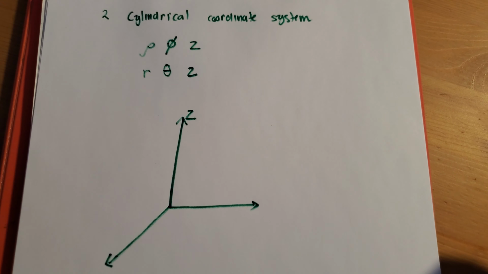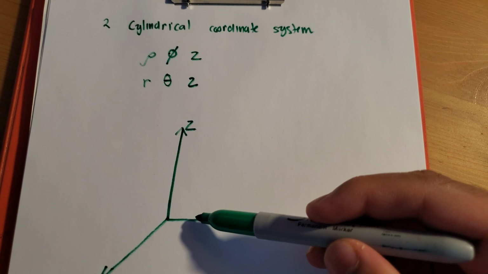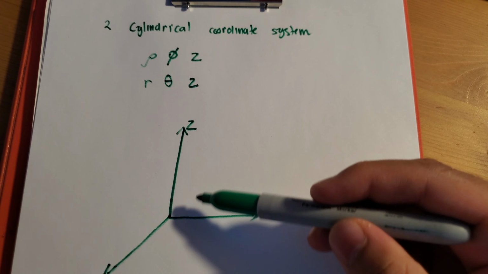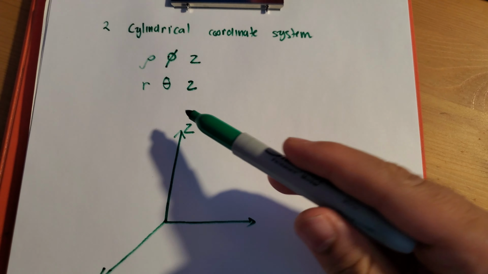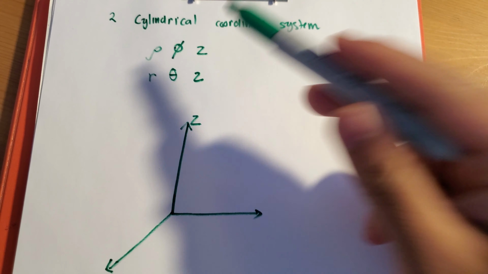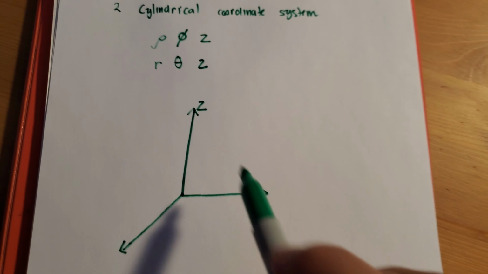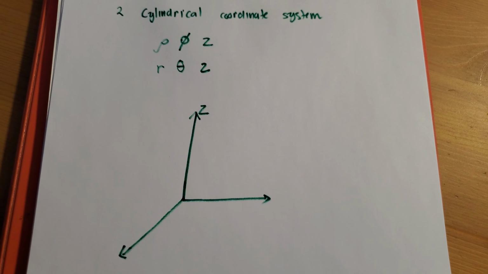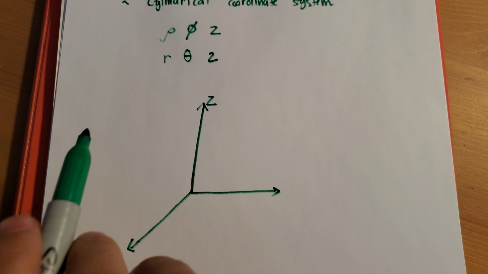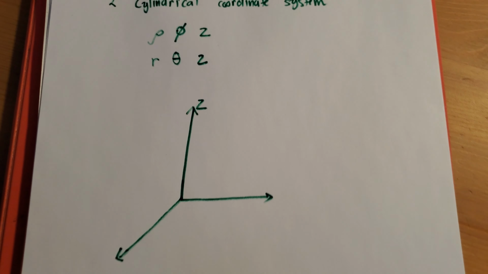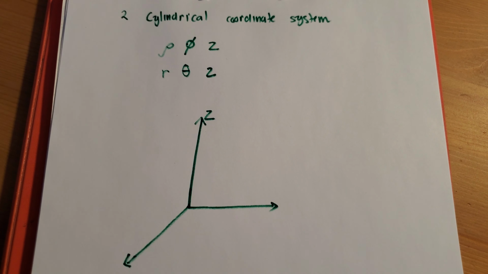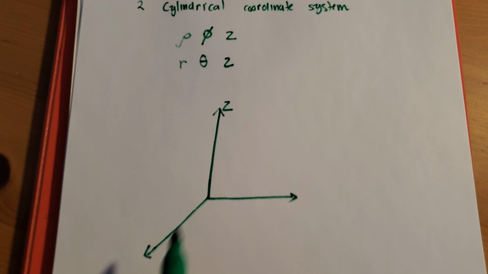When we want to identify a point that's above or below, we will move in the z direction. But what is the r and the theta, or the rho and the phi? For this demonstration, I'll use rho and phi. So remember that to identify any point in space, we have to move in a specific direction, right?